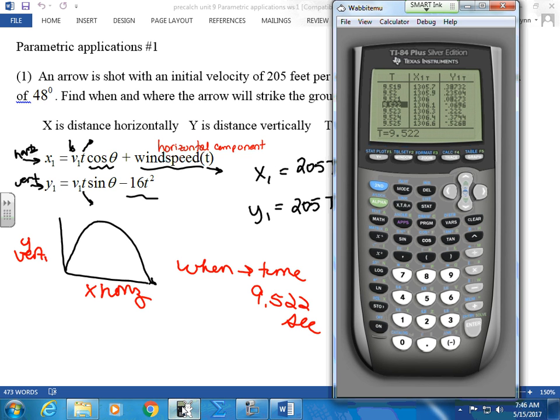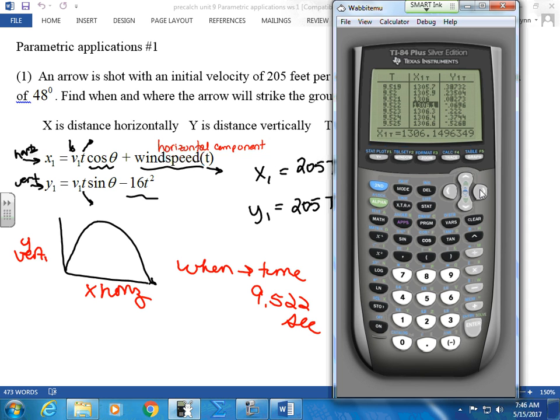Where is my x? Now, notice there's no decimals here. Scroll over it. You'll see the whole thing written out. That's how far away from you that arrow hit the ground. That's your horizontal distance. That's the where. I don't want to say 0. 0 means nothing. It means just that I came back and hit the ground.